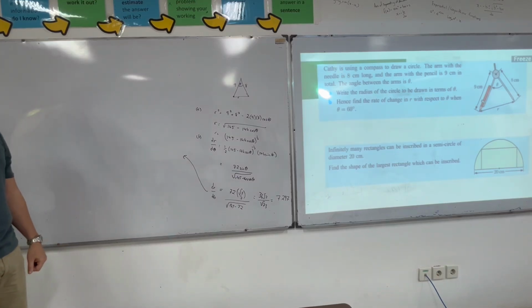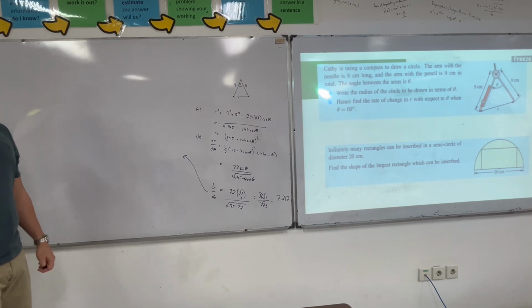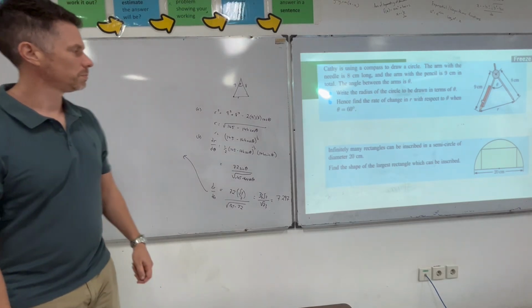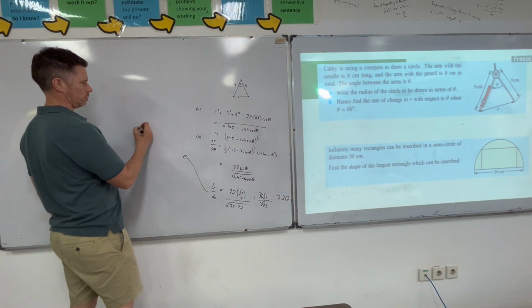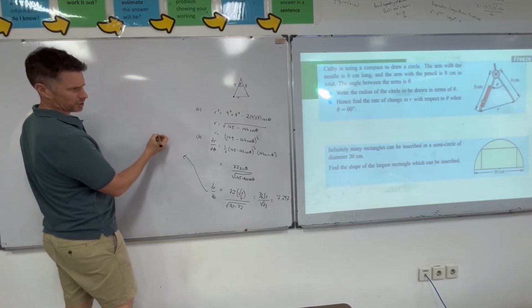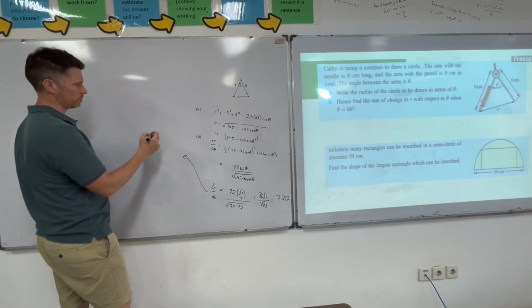It changes with the rate. The radius changes with a rate of 7.297, I guess centimeters, at 60 degrees. If we rounded to three significant figures, it'd be 7.380, I suppose.